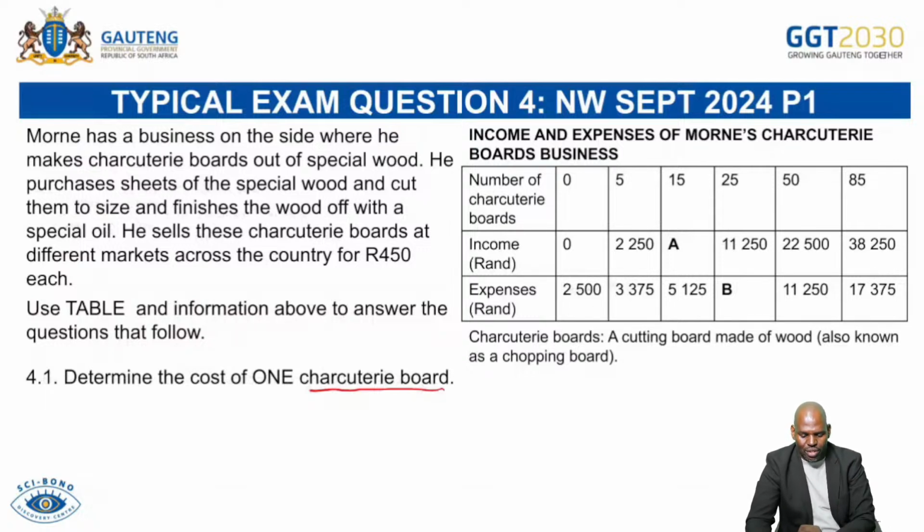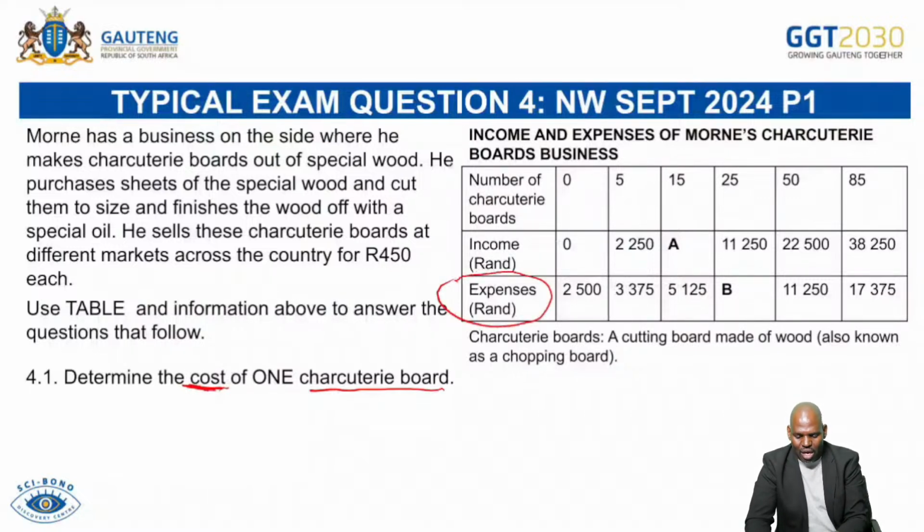Okay, now let's look at our table. Our table says the number of charcuterie boards, and then the income, and then expenses. So for this one, we've got 5. The income is 2,250. Then the expenses are 3,375. But now we need to calculate the cost. We don't calculate the income or the selling price. We calculate the cost price. In order to calculate the cost price, it means we must use expenses.